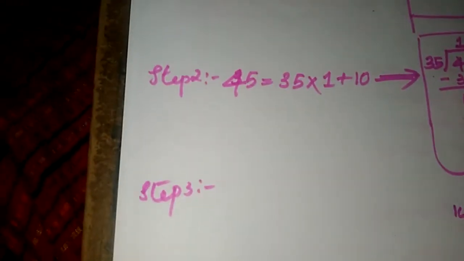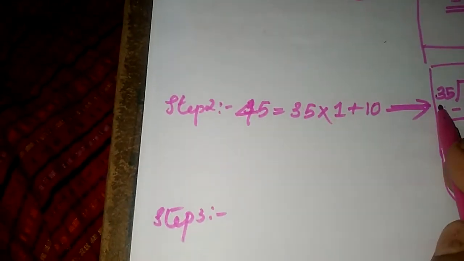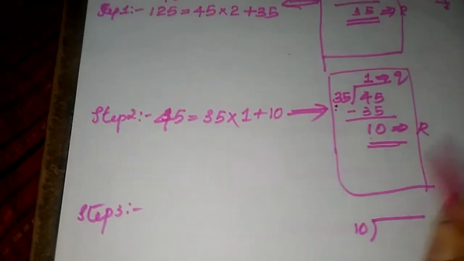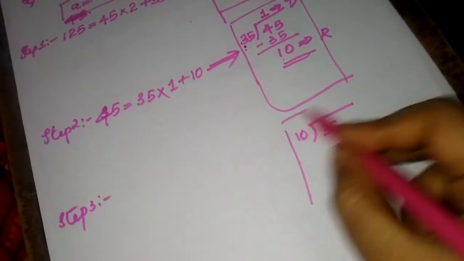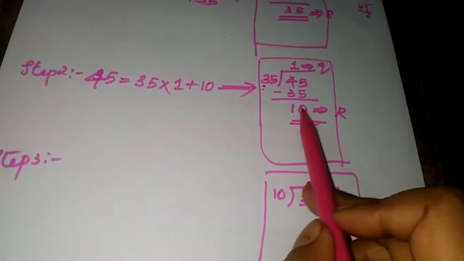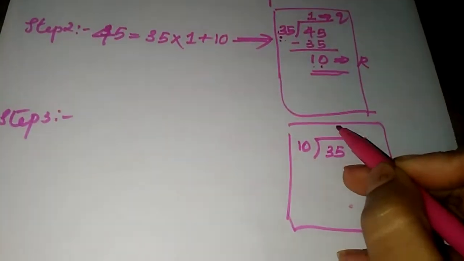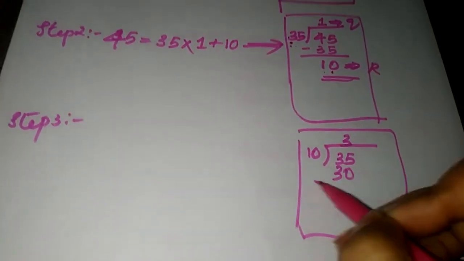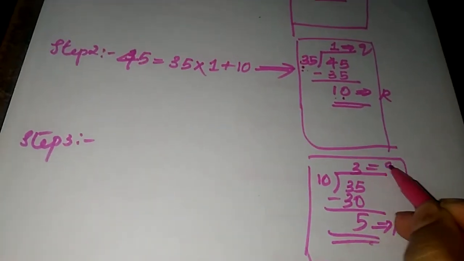From this remainder, we have to divide 35 by 10, and we continue until the remainder becomes 0. 10 into 3 is 30. The remainder is 5, 3 is the quotient.